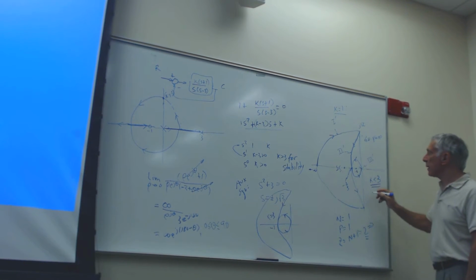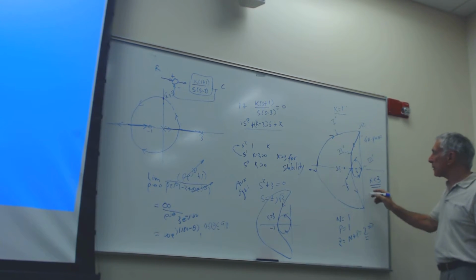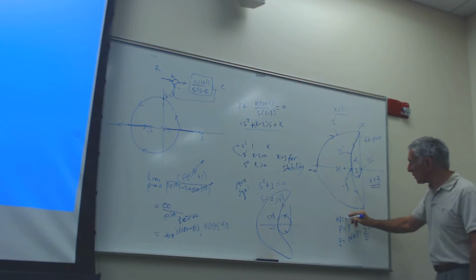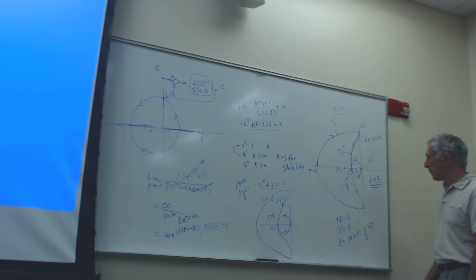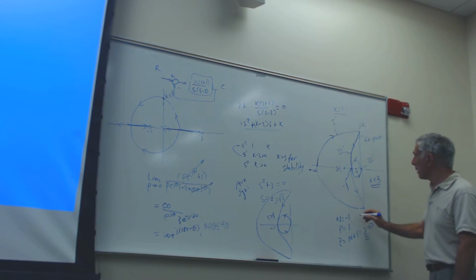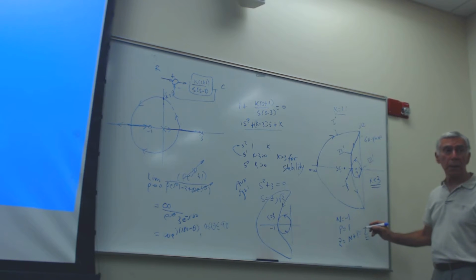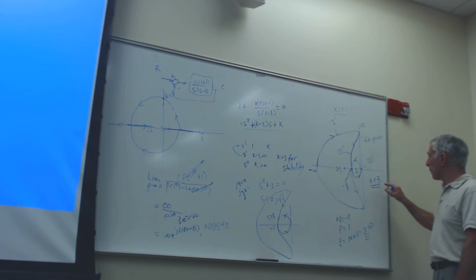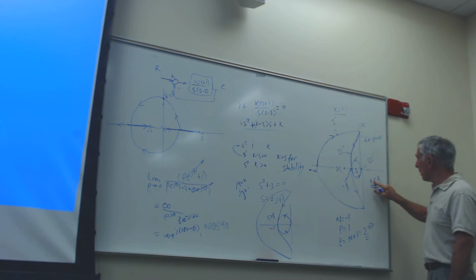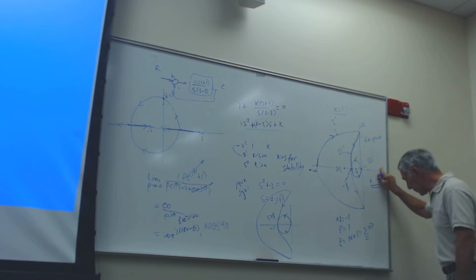-1 is right there. And in this case, we have one counterclockwise encirclement. Should be any value k greater than 3, isn't that right? Let me get this confused now.